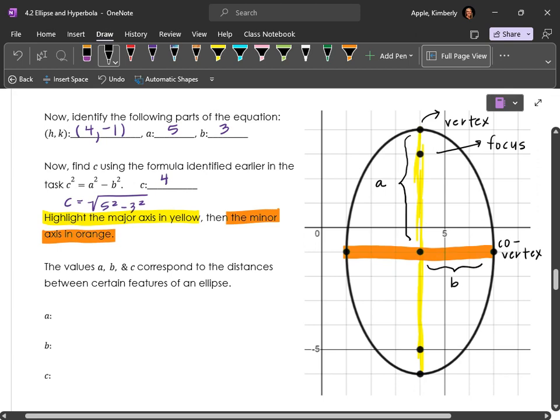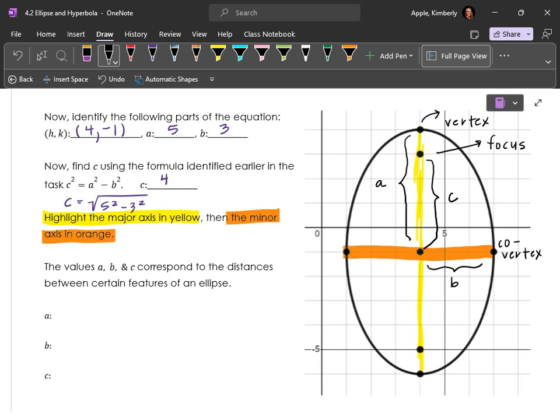Now the only one I haven't shown you yet is what the length C corresponds to, and that is the distance from the center to the focus. So knowing all of these distances is very similar in practice to how we use the distance P with the parabola. They are distances from and to certain structures within the ellipse.